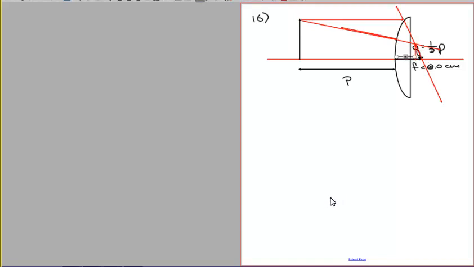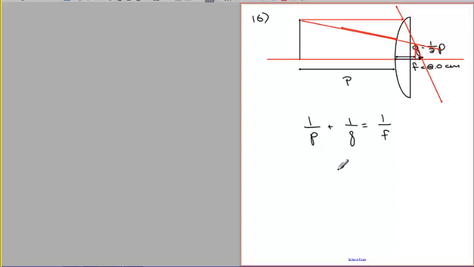Okay, so now let's go to our sign convention, which is the big deal here. Because really the lens equation and the mirror equation is always the same: 1/P plus 1/Q is equal to 1/F. And the focal length is always positive.